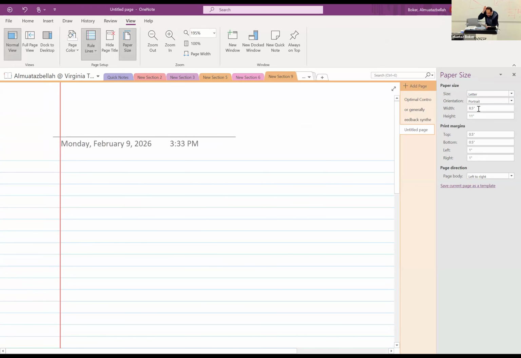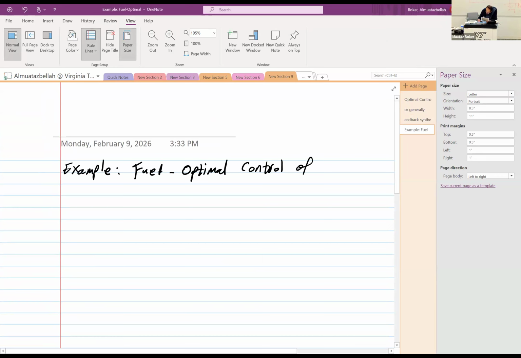Okay, so this is an example in chapter 8. Now we are going to talk about fuel optimal control of the same system. We are going to take the same system, a frictionless mass point, as a running example here.